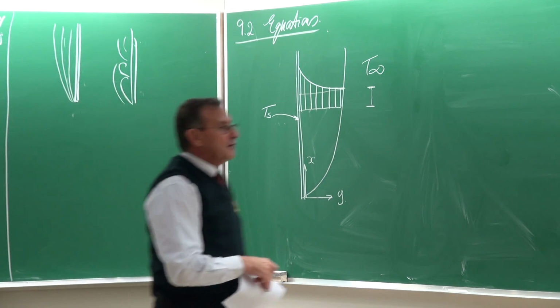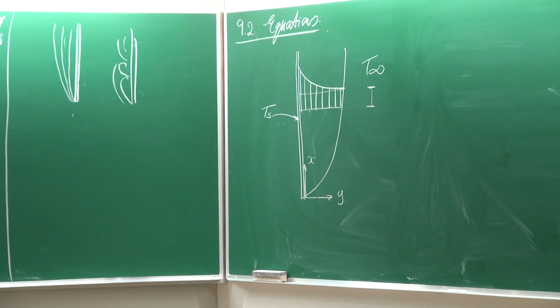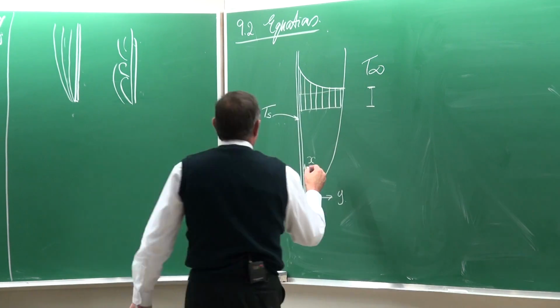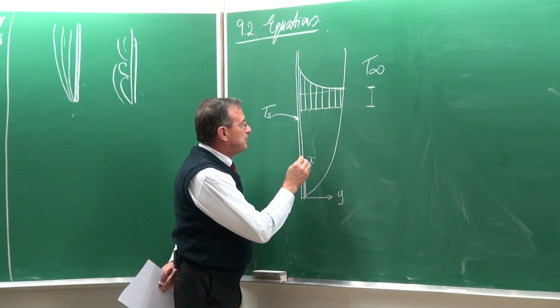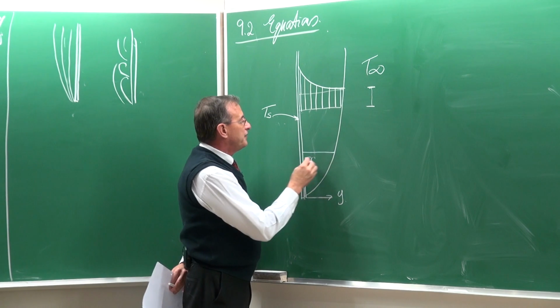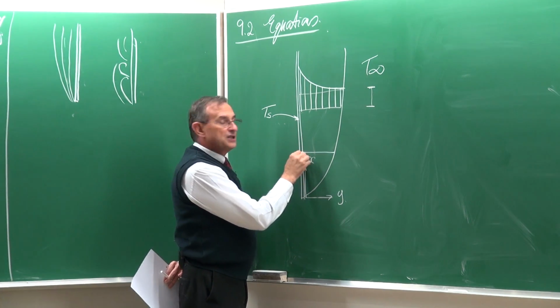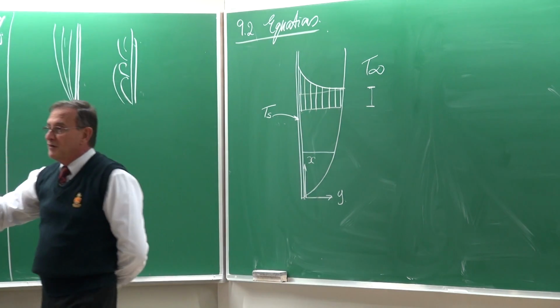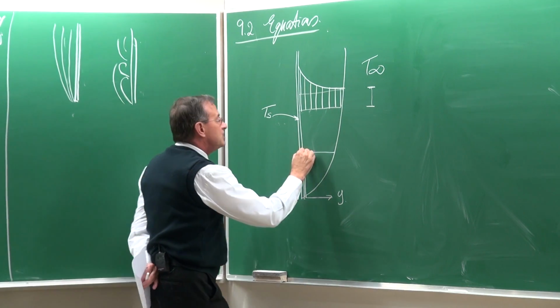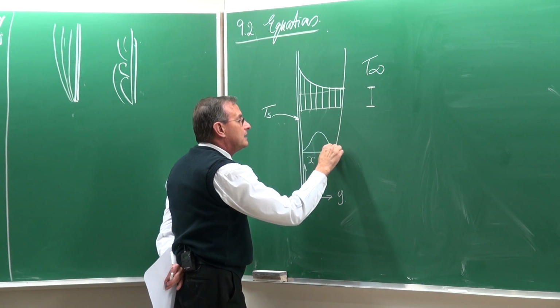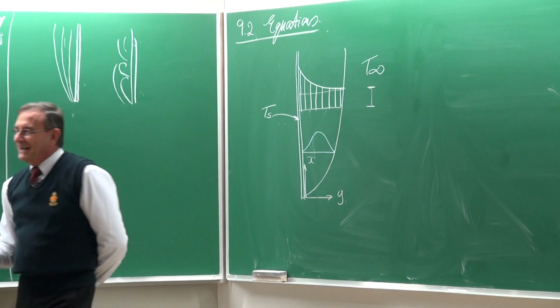Now, if we look at the velocity profile, then it's the same as that of the convective flow over a flat plate, except for one difference. Here, the velocity would be equal to 0 because of the friction. Then it will increase, but then it would become 0 again.